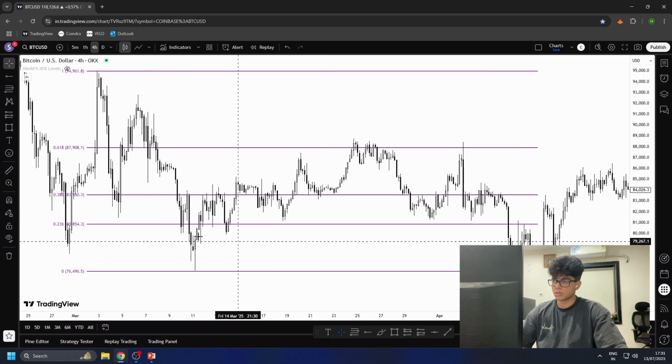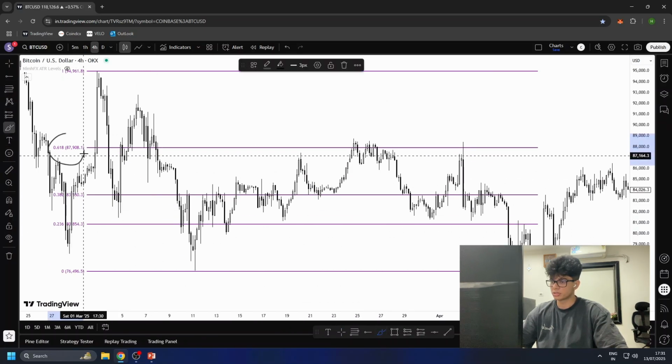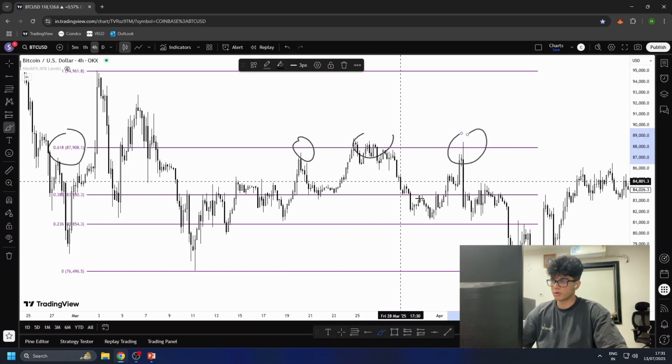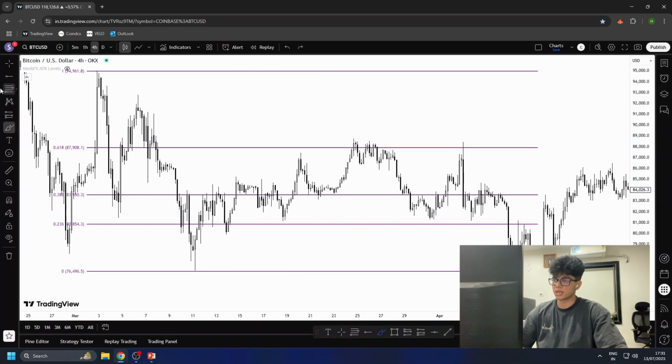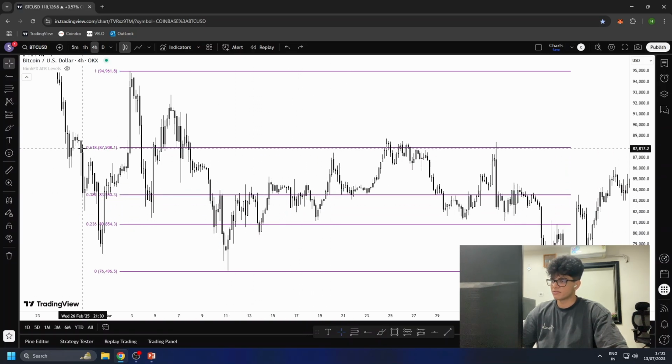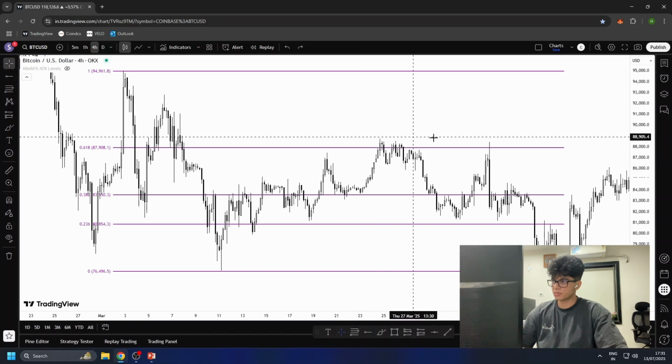So let's see where we get our shorts. So again, the 618 level is playing out perfectly here. 3 easy trades for you right there, right? Not saying that these levels didn't work, they work, but the 618 level will work better.